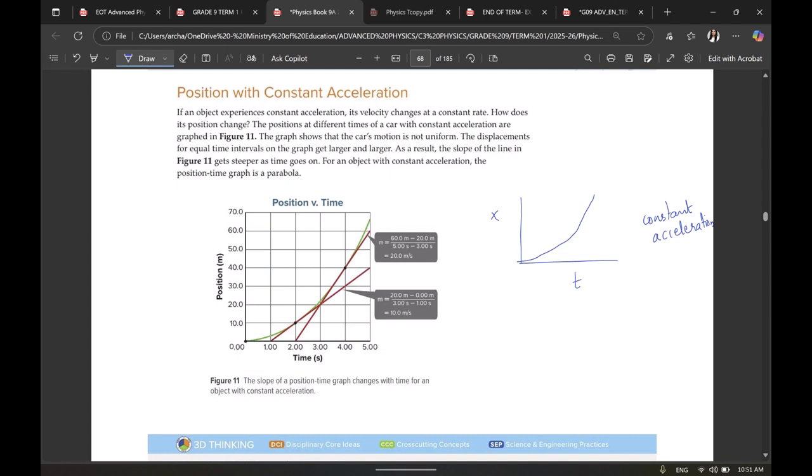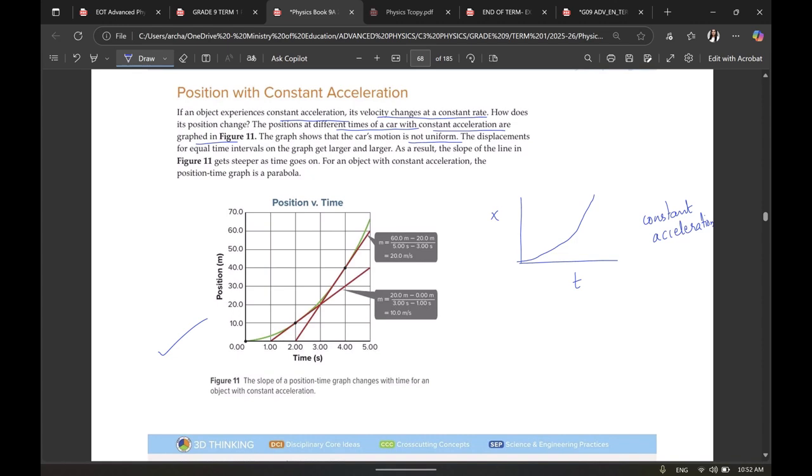You can jot down the important things. If an object experiences a constant acceleration, its velocity changes at a constant rate. How does its position change? The positions at different times of a car with constant acceleration are graphed in this graph. The graph shows the car's motion is not uniform.